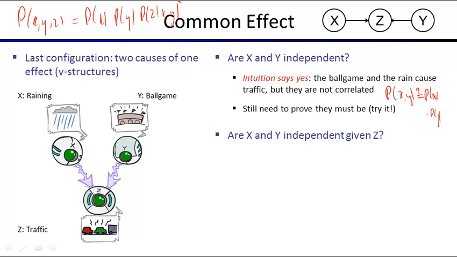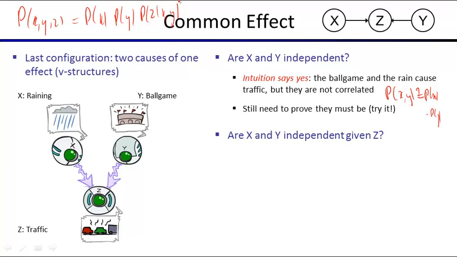So you see a very interesting reasoning pattern here where you start from knowing nothing and have some prior distribution for whether it's raining or not, to observing that there is traffic, which drives up your probability of rain, to then in addition observing a ball game, which then drives down your probability of rain.